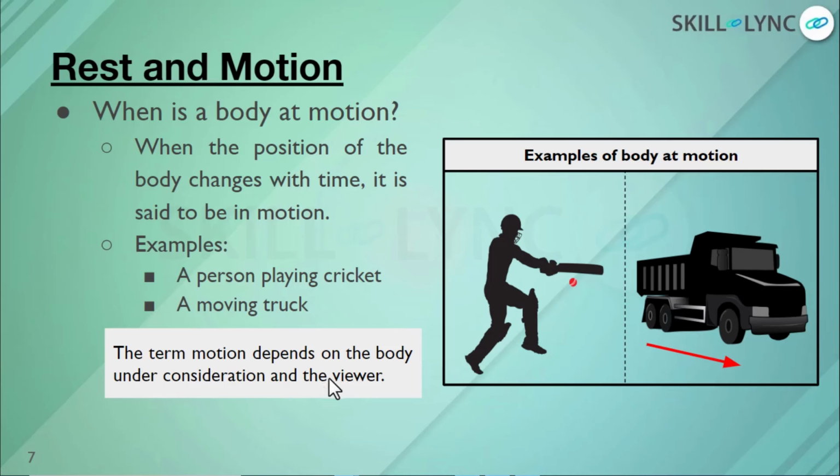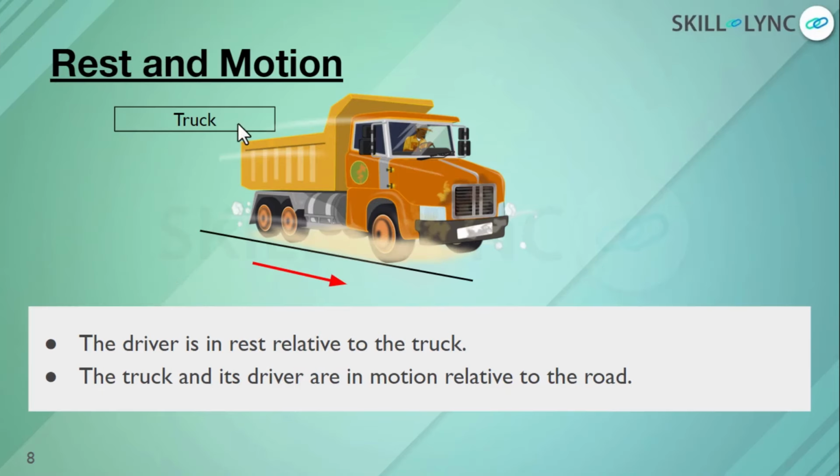Note: the term motion depends on the body under consideration and the viewer. Suppose here, the driver is at rest relative to the truck as he is sitting inside the truck.